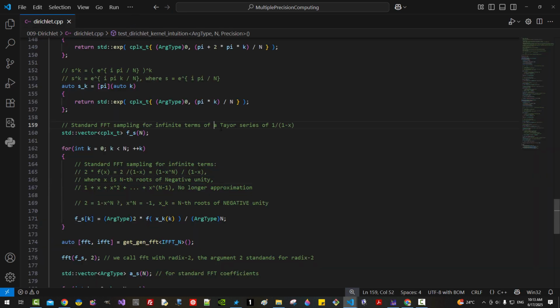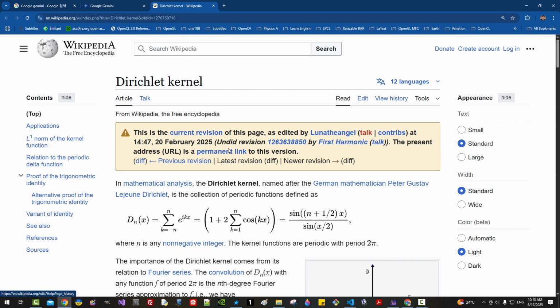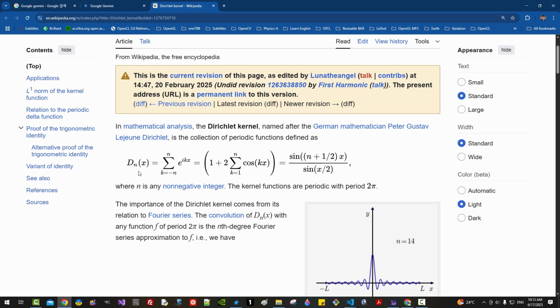Also, control-home. In this Dirichlet kernel, control-click, you can find this equation: sum over k from negative n to positive n of e to the ikx.